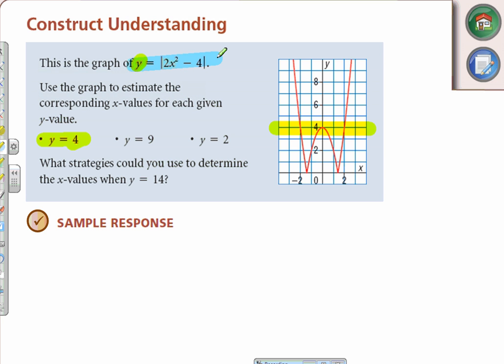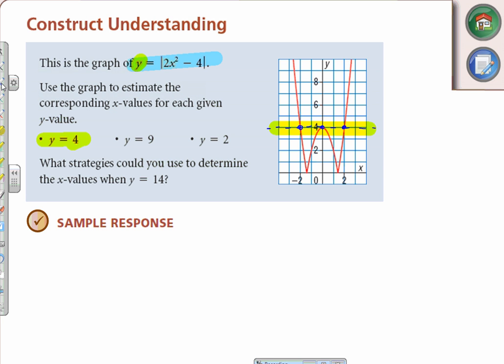So we look for the points of intersection and we see, oh hey, it intersects here, there, and there when y equals 4. So there's your 3 answers for that one. And that happens at an x of negative 2, an x of 0, and an x of 2.